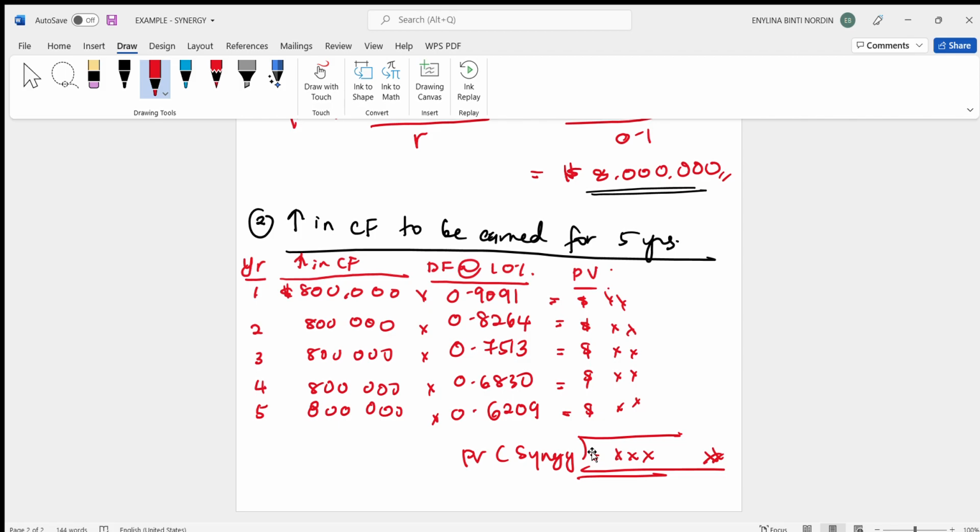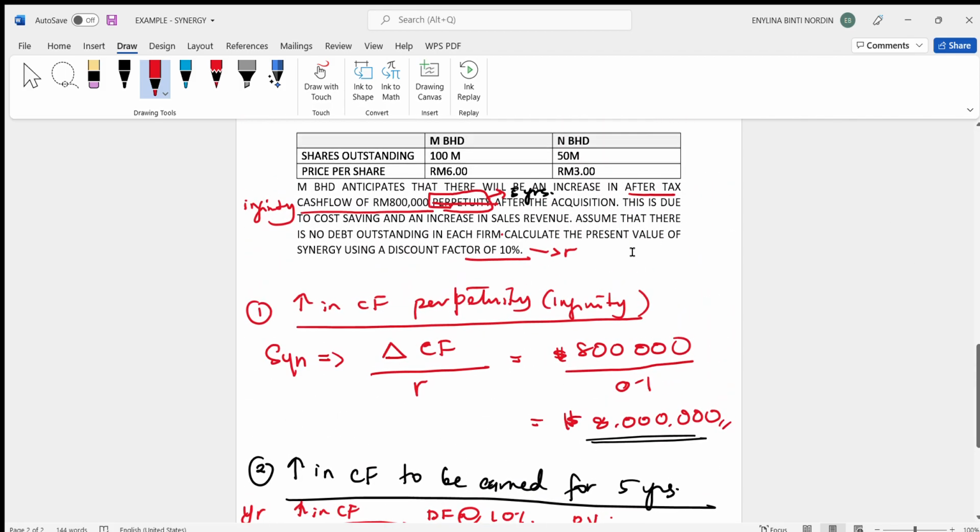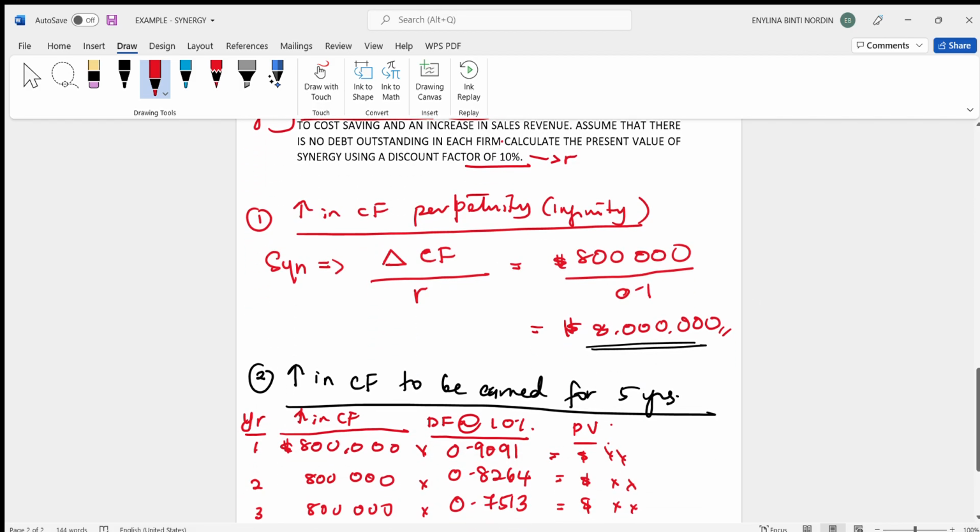If it is given as perpetuity, then it is simpler. You just straight away divide the expected changes in the cash flow by the discount factor. So I guess that's all for the calculation of the synergy using the discounted cash flow model.